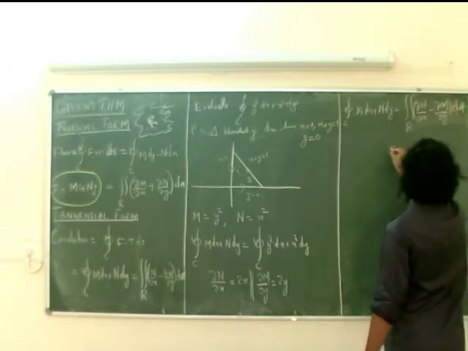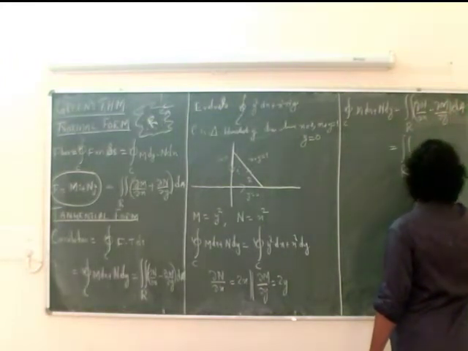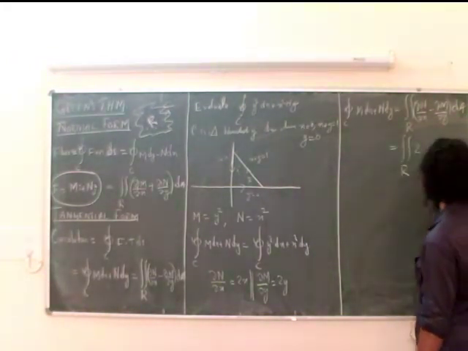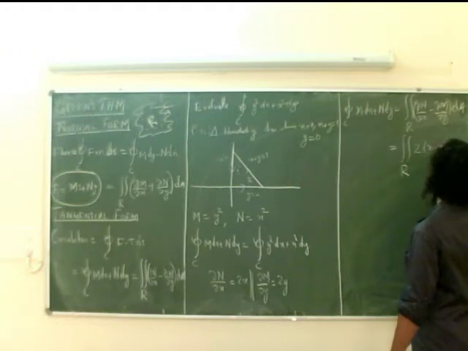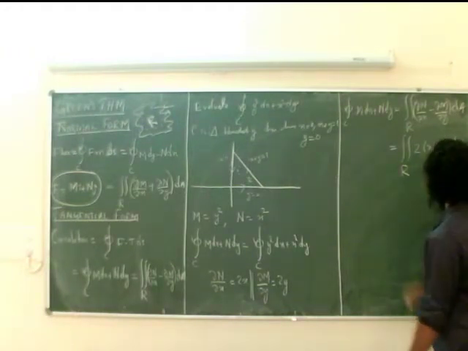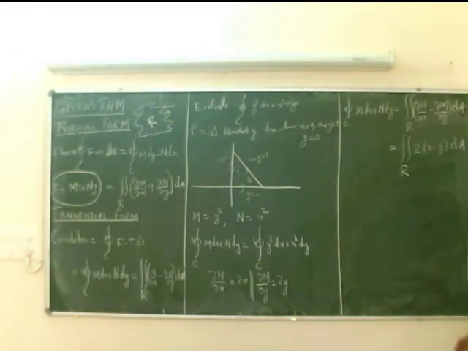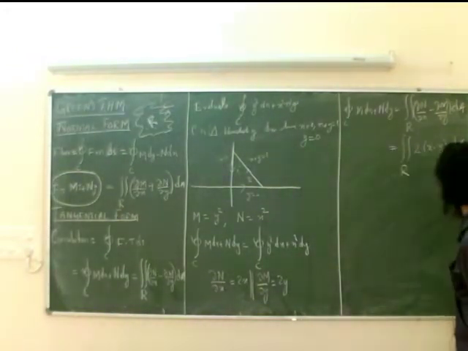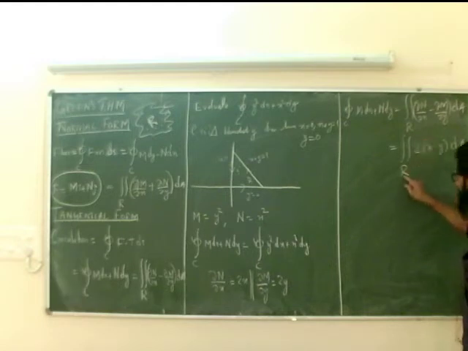So this is equal to the double integral over R of 2 times (x minus y) dA. Now the problem of the line integral becomes a double integral problem. I have to evaluate this integral over the region R.